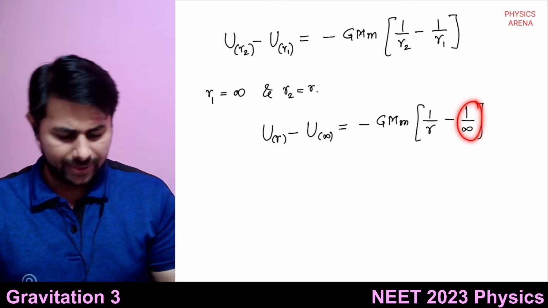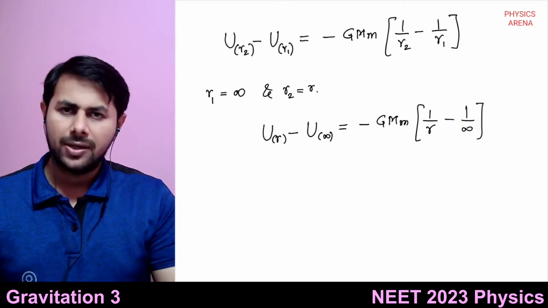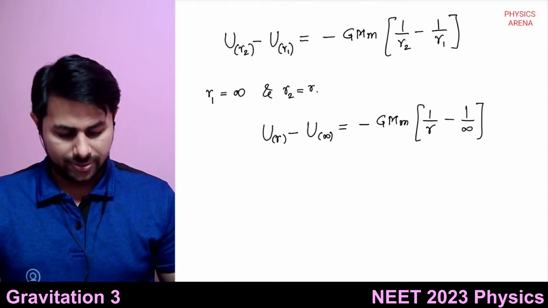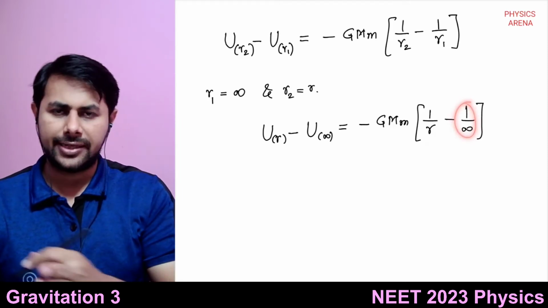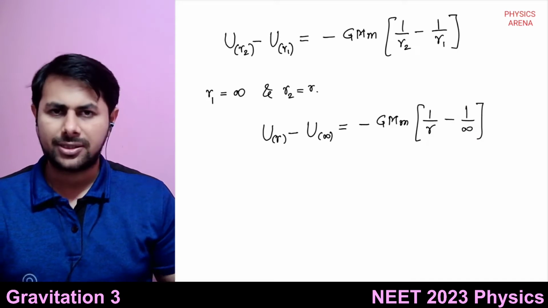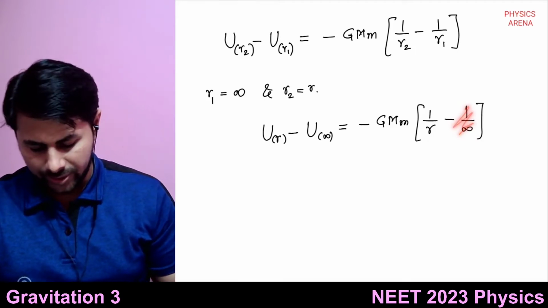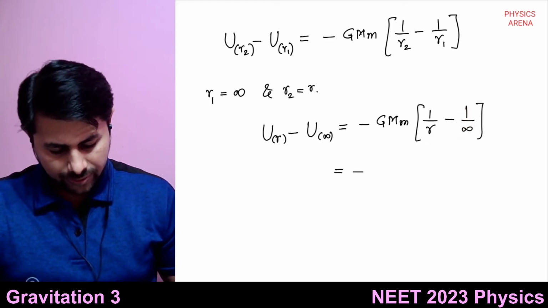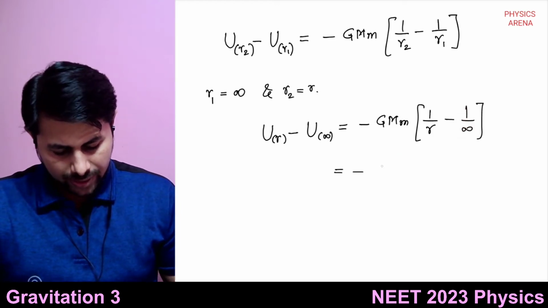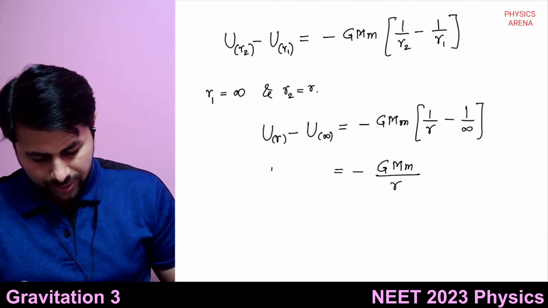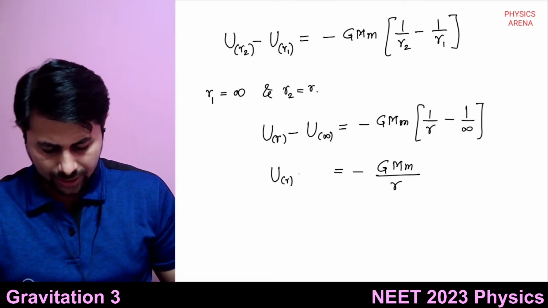So 1 divided by a very large distance will give us 0. When distance tends to infinity, 1 upon distance tends to 0. So the second term will go to 0. So we have GMm divided by r as U at position r.